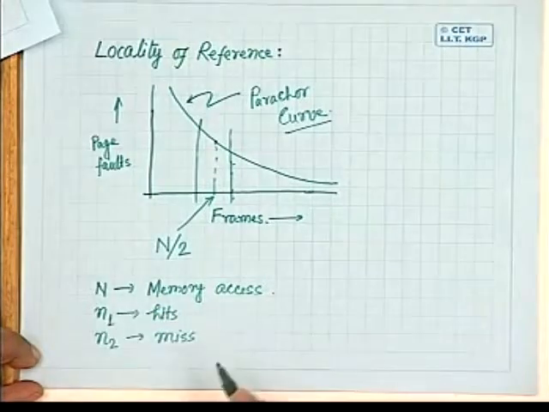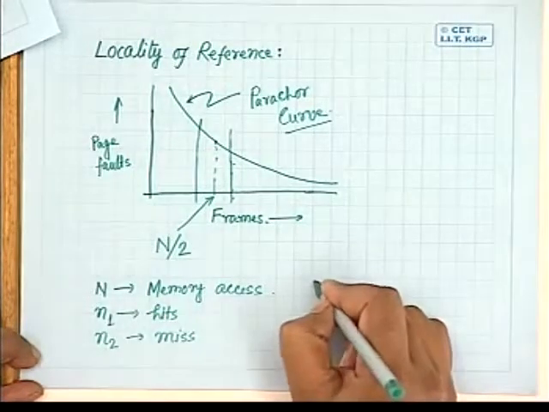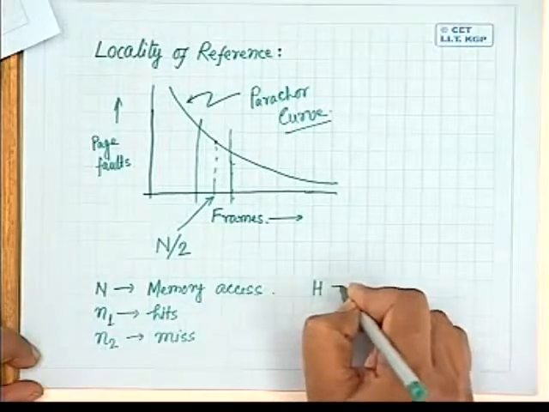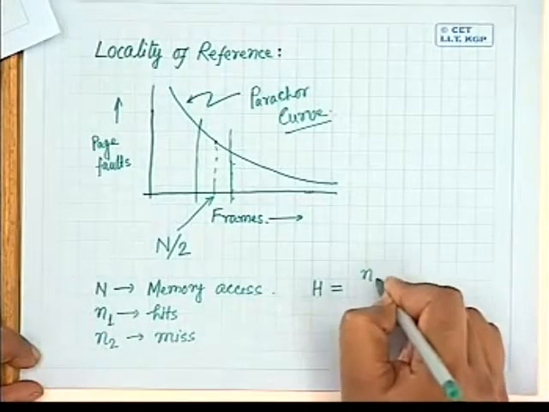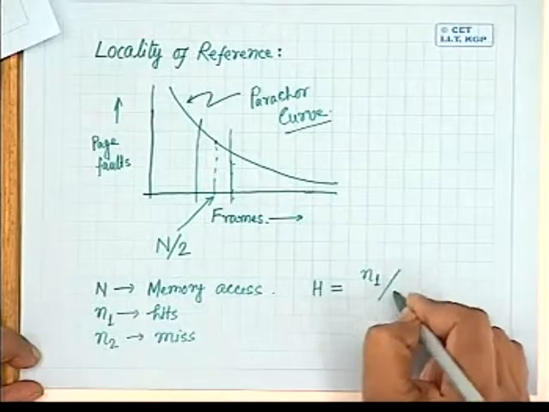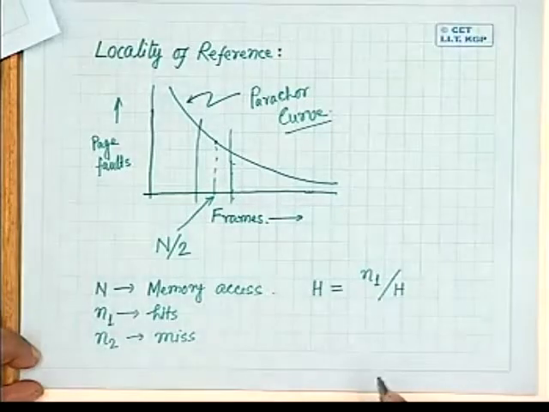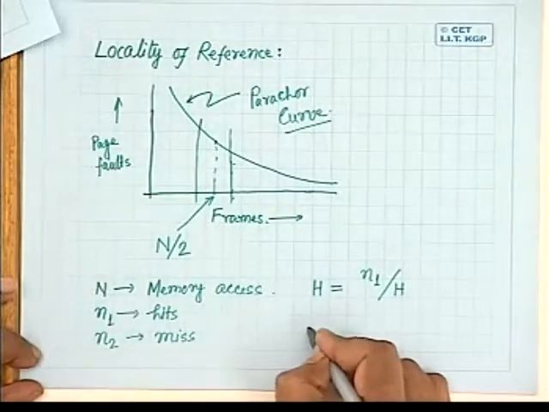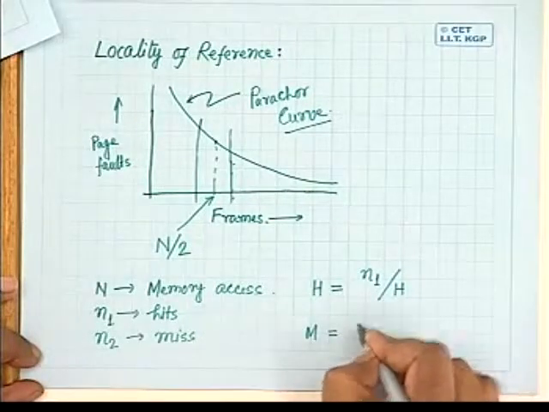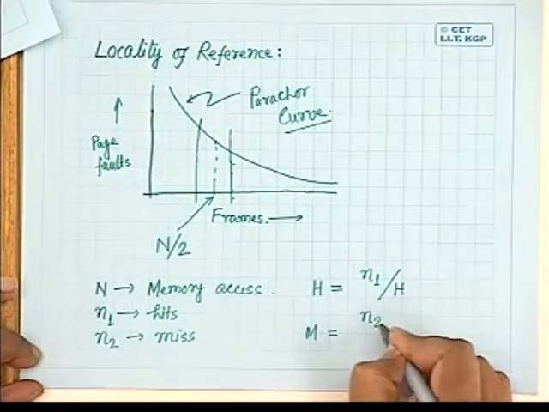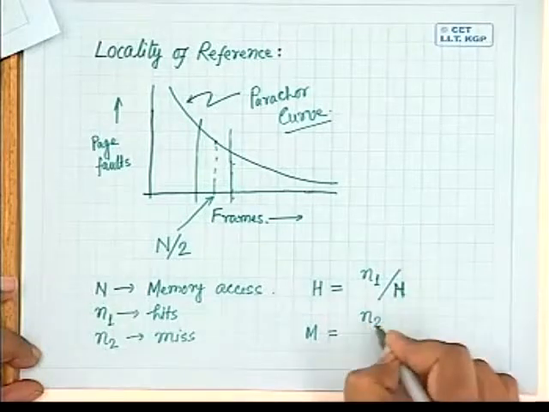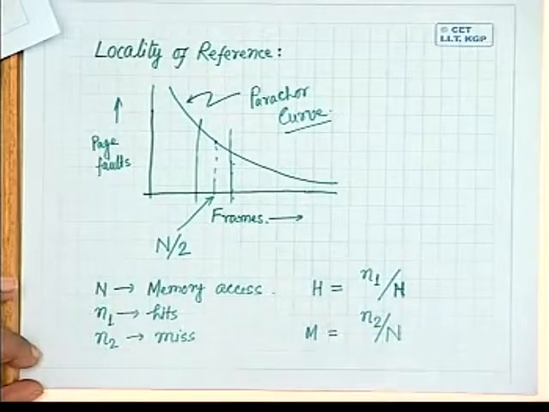Obviously, n1 plus n2 will be equal to n. And in that case, hit ratio H is defined as the number of hits divided by the total number of memory accesses. And similarly, the miss ratio is the number of misses divided by the total number of memory accesses.